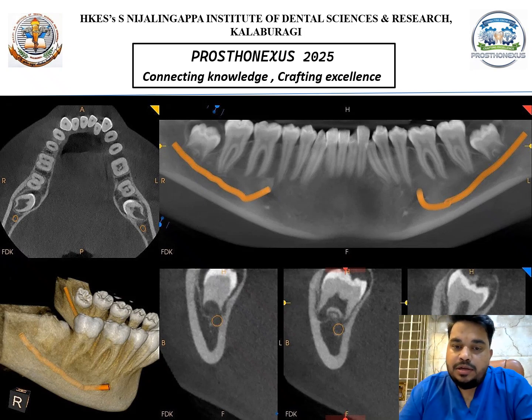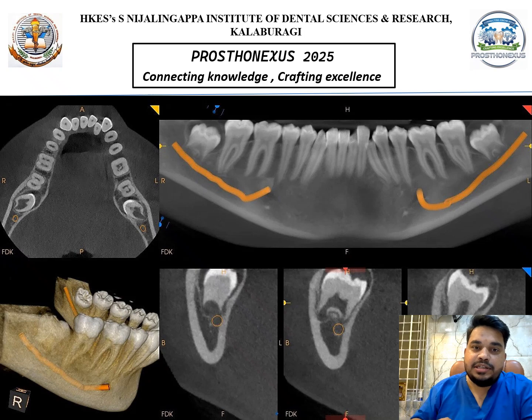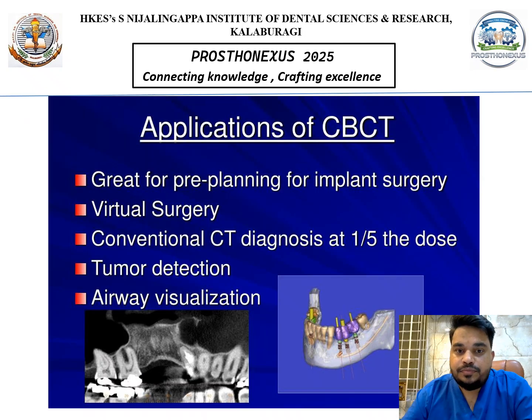Okay. So once the T-Scan is done, we will be moving to the most commonly used tool, which we use as a day-to-day routine radiographic advance, that is our CBCTs.